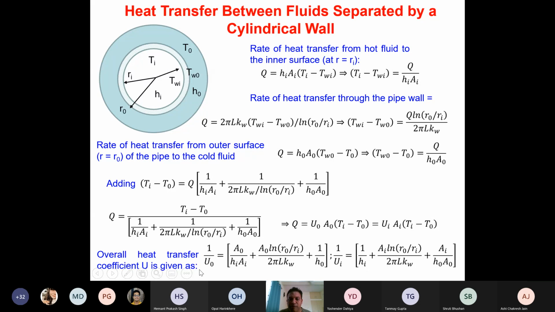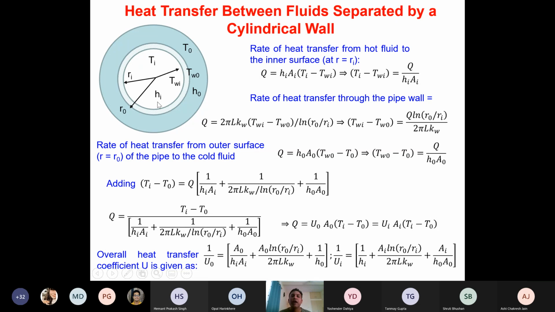So the heat transfer coefficient in terms of the outside surface area is shown by this equation, and similarly for the inside surface area we have another equation. Here you can note down that U0 A0 is the same as Ui Ai. Okay, again some of the factors here can be neglected depending on which resistance is dominating.